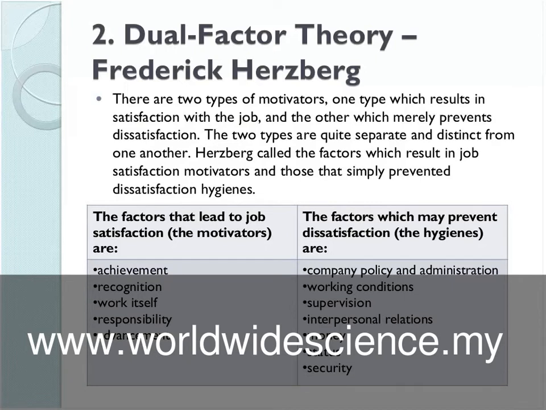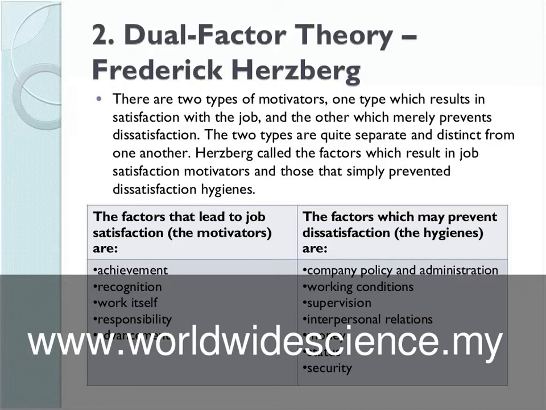So let's review the motivation theory. There are two types of motivators, one type which results in satisfaction with the job, and the other which merely prevents dissatisfaction. The two types are quite separate and distinct from one another. Herzberg called the factors which result in job satisfaction the motivators, and those that simply prevent dissatisfaction hygienes.